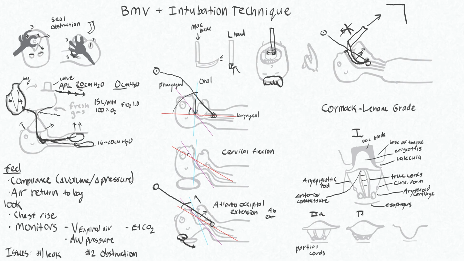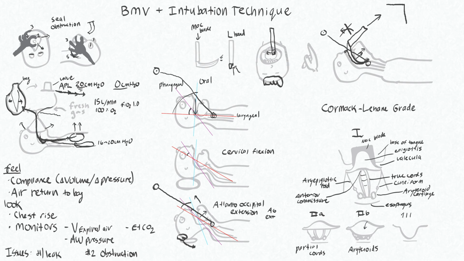And then slightly worse, again, is a grade 2B view, where now we maybe can see just the bottom of the chords, but really what we're seeing here is the arytenoids. So we're in the right territory. You know that just above or just anterior to this will be your vocal cords, but you can't quite see them because the epiglottis is folded over top.